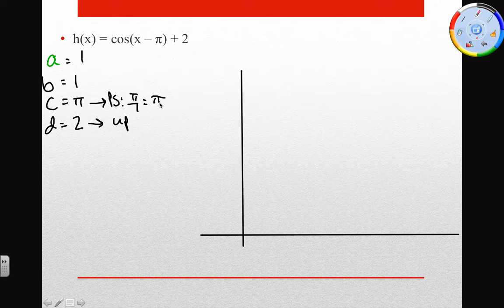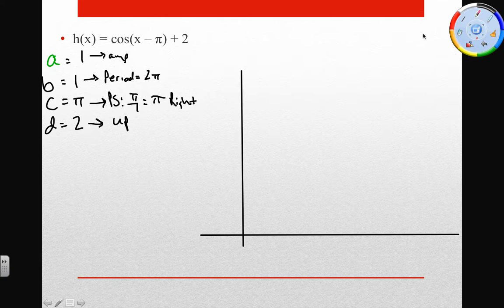So it's pi, and because it's minus, it's to the right. The B here tells me my period is 2 pi over 1. Well, that's just 2 pi. And my amplitude is 1.